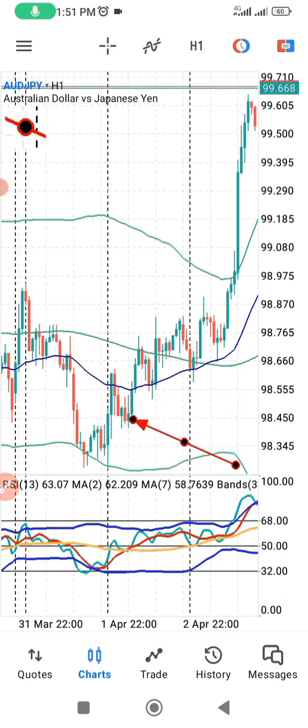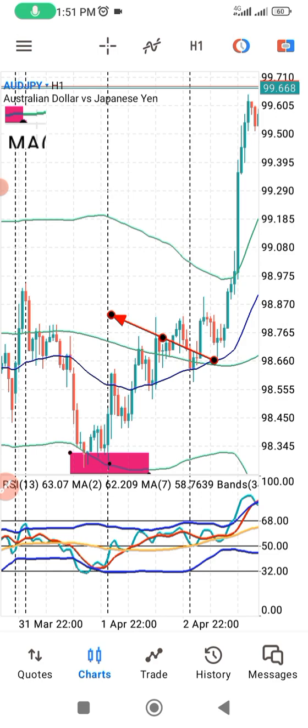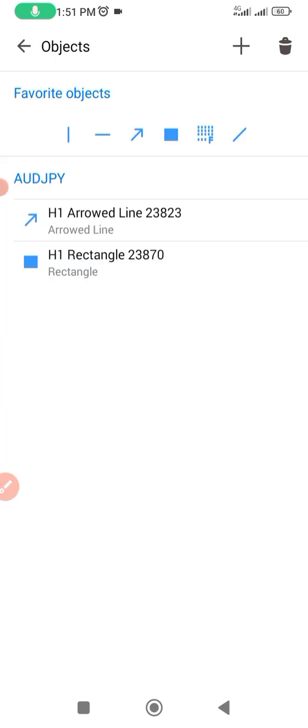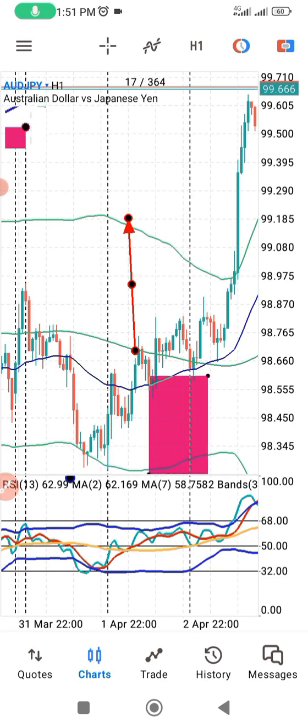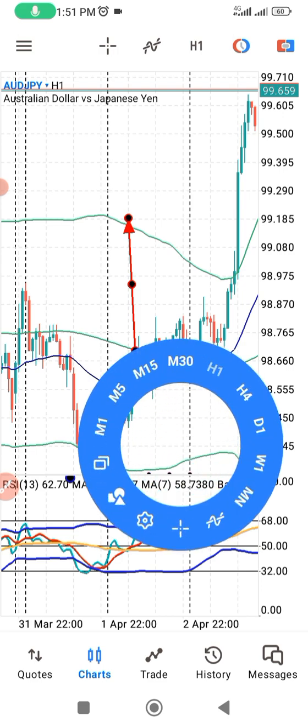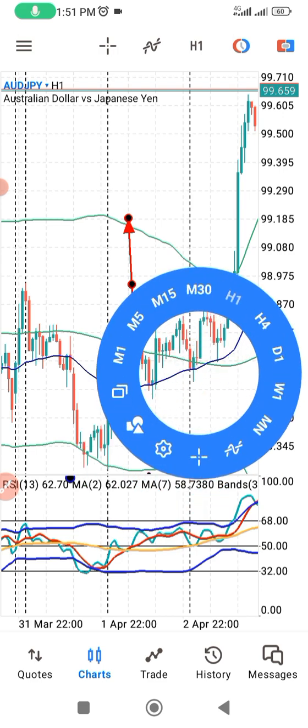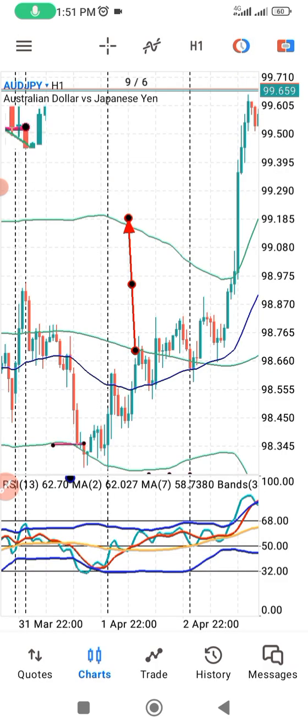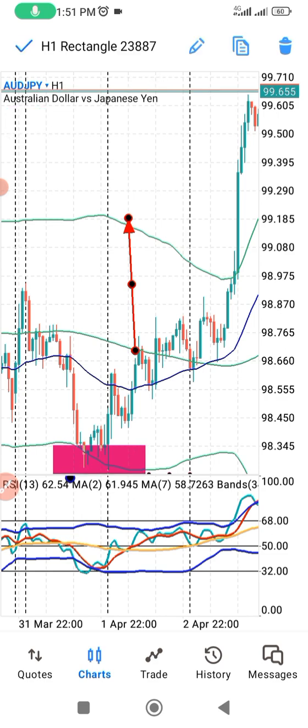So which means that from this zone, price is moving from the lower Bollinger Band. Once you see price take off from this zone, price started moving, first you pick your trend line. You draw your trend line. The movement of the market begins.